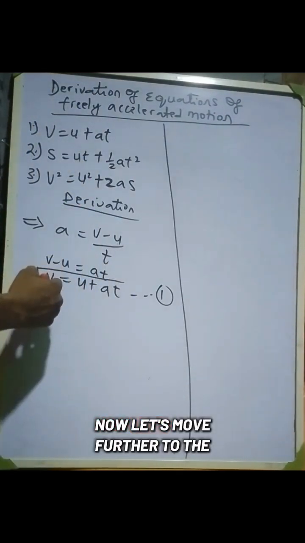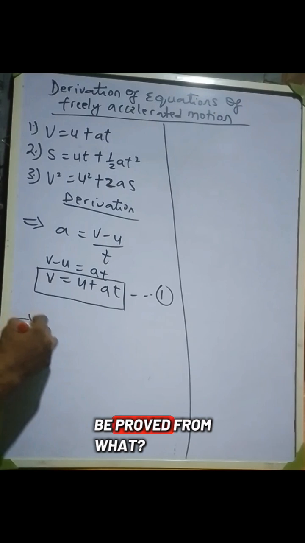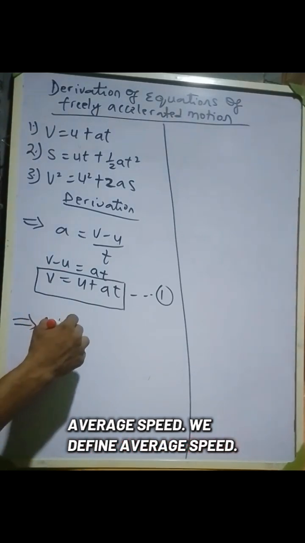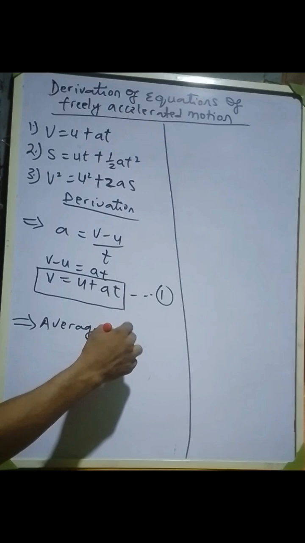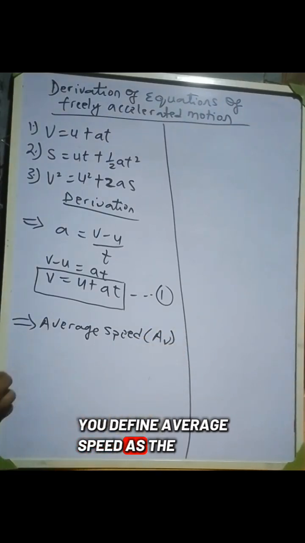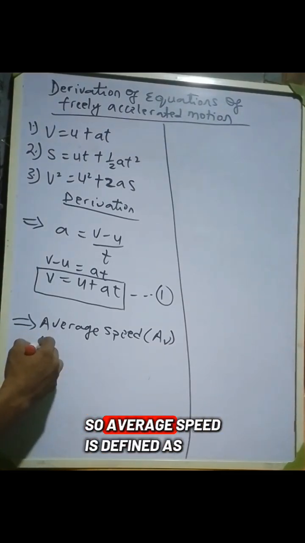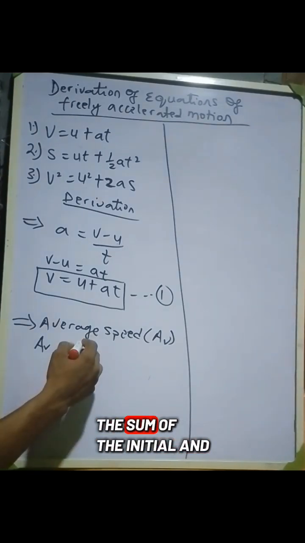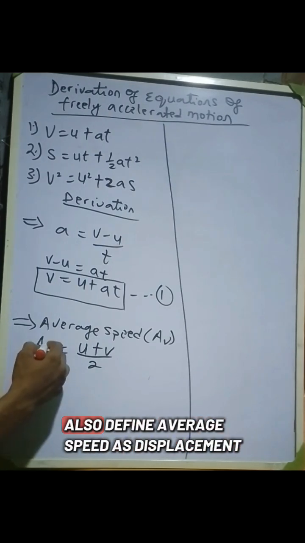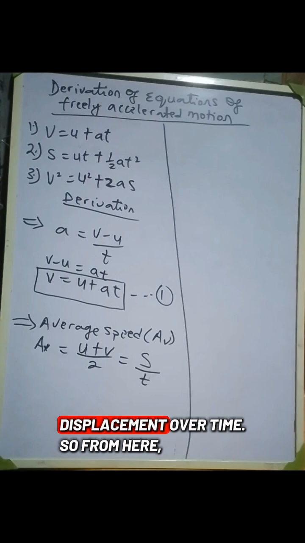Now let's move further to the second equation. The second equation of motion can be proved from average speed. We define average speed as the sum of the final and initial velocity all over 2. And you can also define average speed as displacement over time.